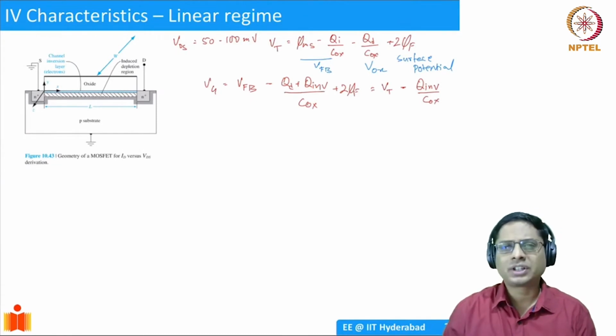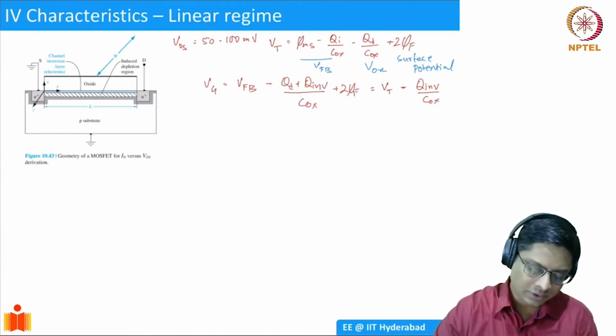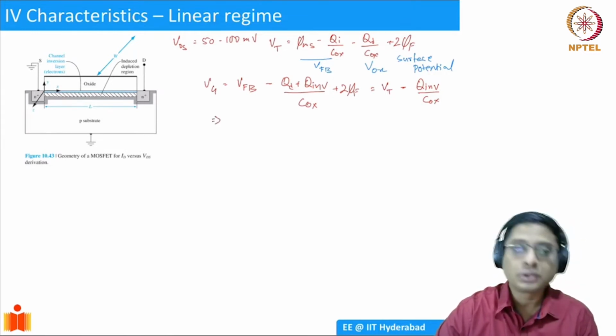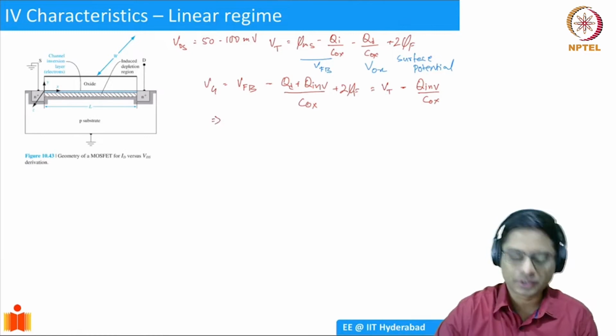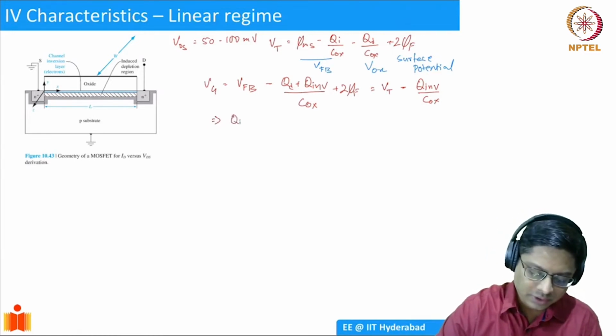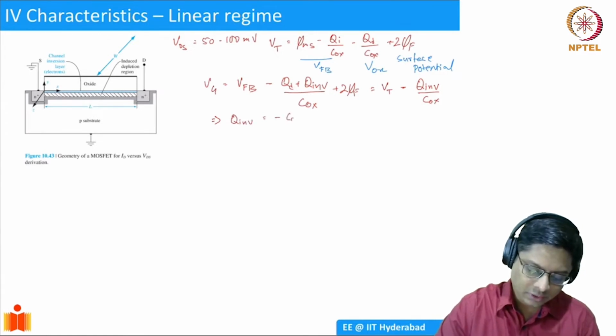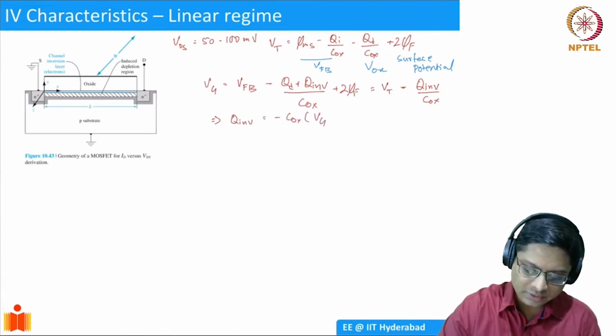Only the Q inversion term I'm adding, so I'll just take it out separately. So the rest of it is all VT. Now, because of that, I can rewrite this expression to get Q inversion, the inversion charge density, which is equal to minus Cox into Vg minus Vt.